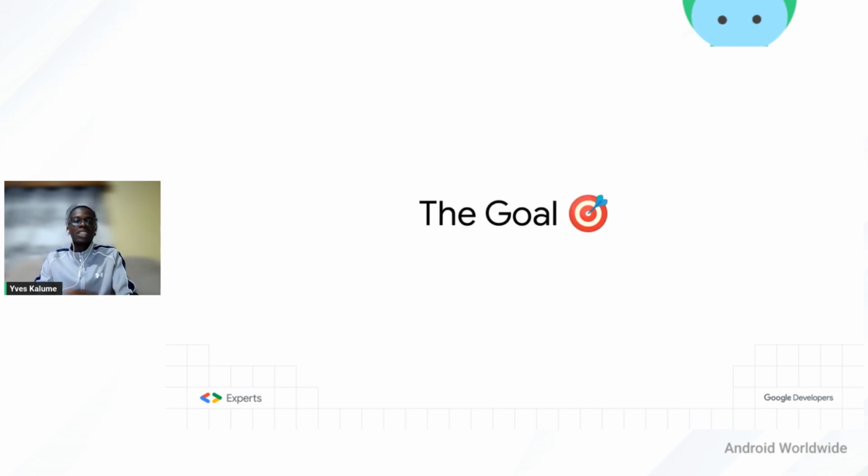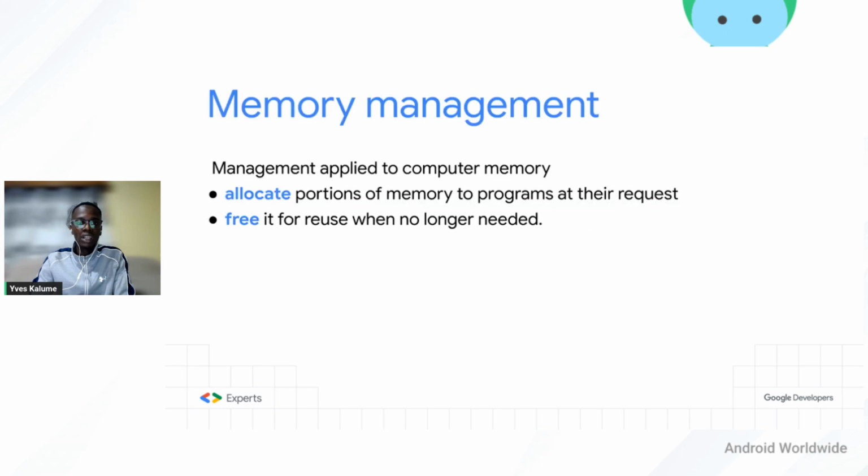So the aim of this talk is first to explain some concepts related to memory leaks on Android, but also to make Android developers think about memory management while they are creating their applications. Memory management is the process of coordinating a computer's main memory.